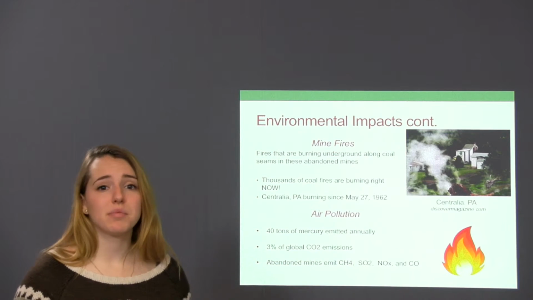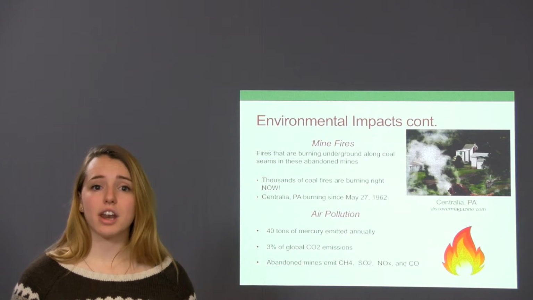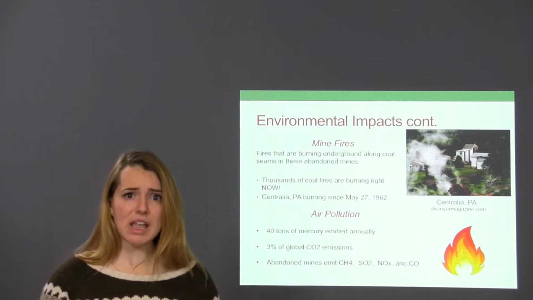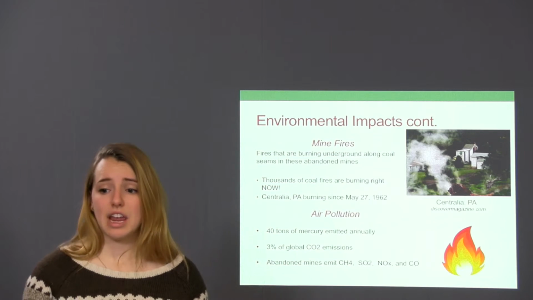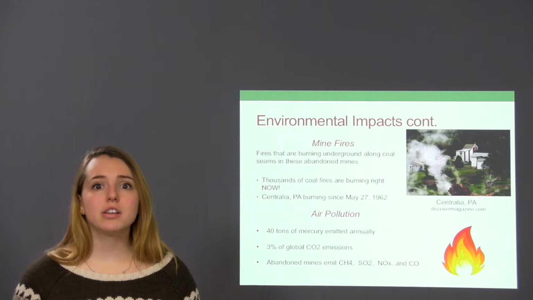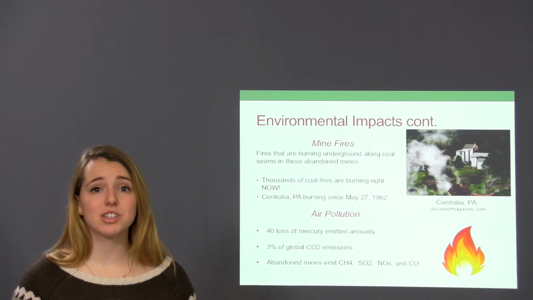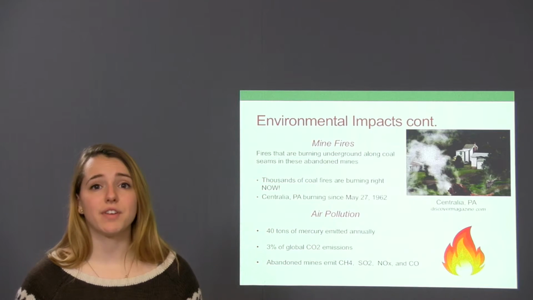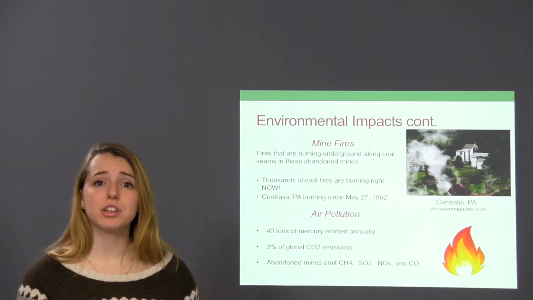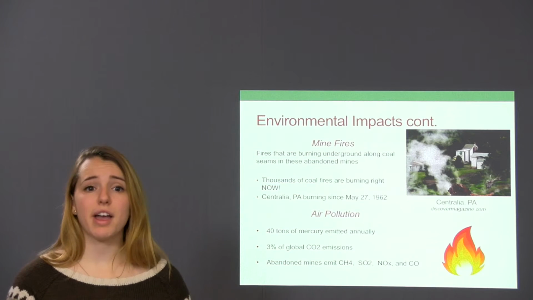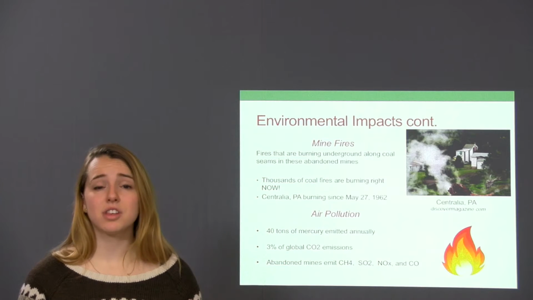As you can see from the smoke that comes out of the ground, this can actually cause a lot of air pollution. About 40 tons of mercury are emitted annually from these mine fires, and in addition, about 3% of our global CO2 emissions can come from these continuously burning mine fires. Air pollution is also caused by the acid mine drainage and just the abandoned coal mines themselves.